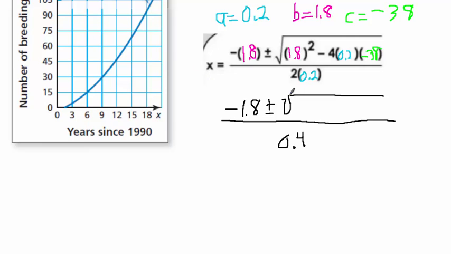So 1.8 squared is 3.24. Minus times positive times negative is going to be plus. And it's 30.4.